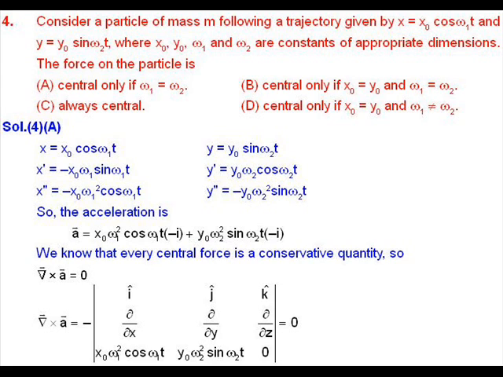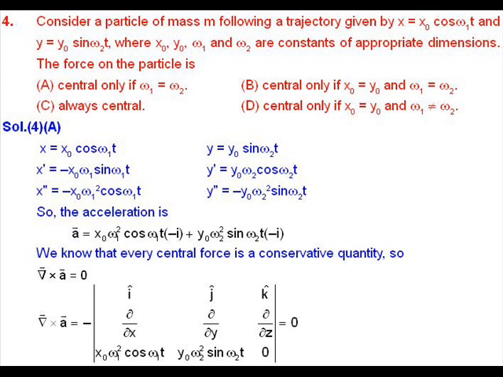And similarly the acceleration of the particle along the y-axis is equal to minus y naught omega 2 square sin omega 2 t. So the total acceleration of the particle, a vector, equals minus x naught omega 1 square cos omega 1 t i cap minus y naught omega 2 square sin omega 2 t j cap.